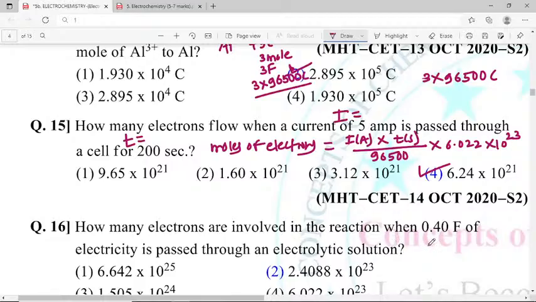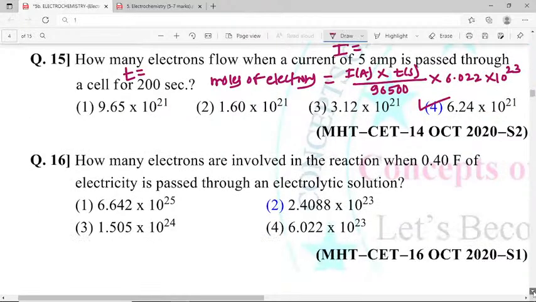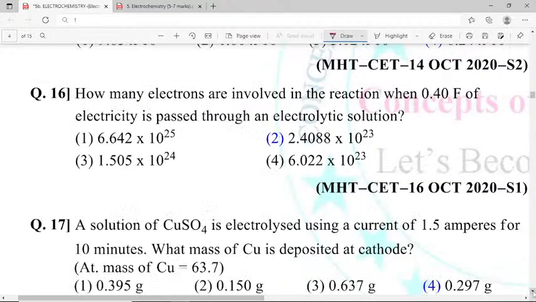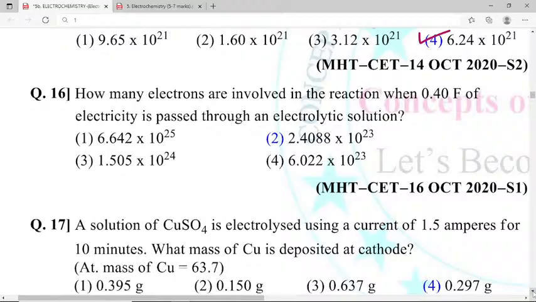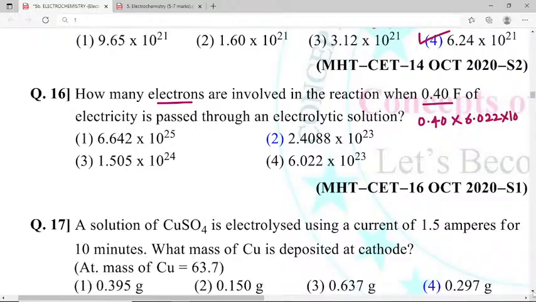How many electrons are involved in the reaction when 0.40 Faraday of electricity is passed through an electrolytic solution? This is very simple: 0.4 multiplied by 6.022 into 10 to the power 23, so we'll get the answer.